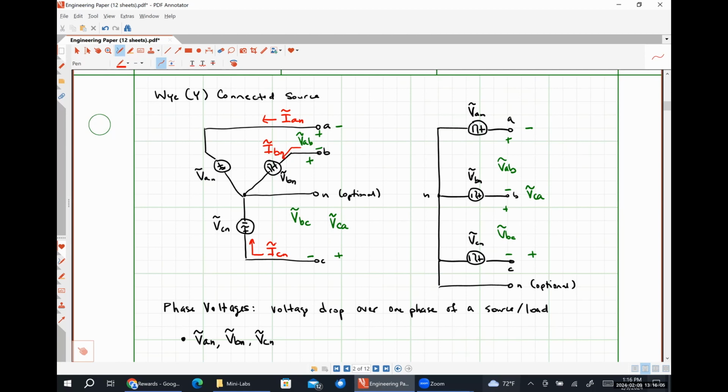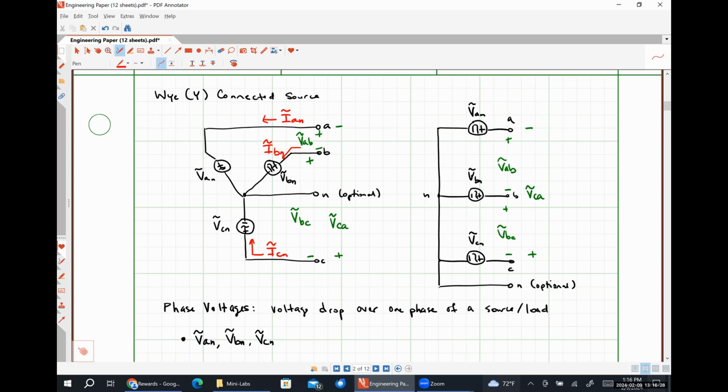Have you guys caught on to the subscript notation that I'm using? For the voltages, it's pretty straightforward. Whatever the first letter in the subscript is the positive polarity terminal. Whatever the second letter in the subscript is the negative polarity terminal. For our currents, it's effectively where it's flowing from to where it's flowing to.